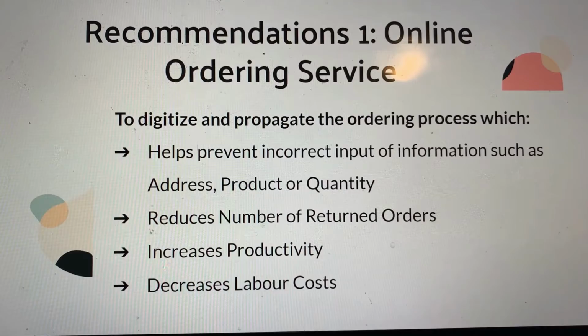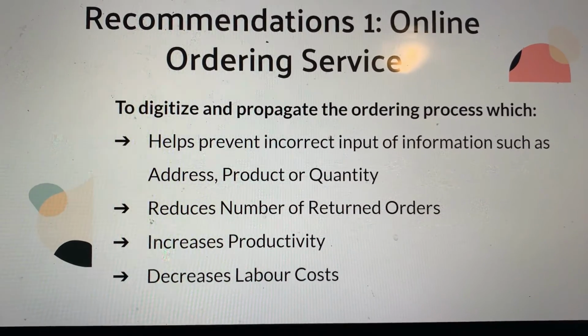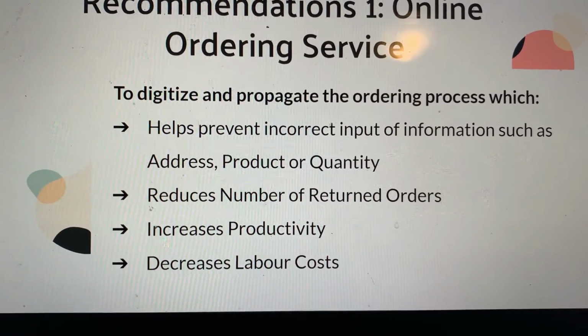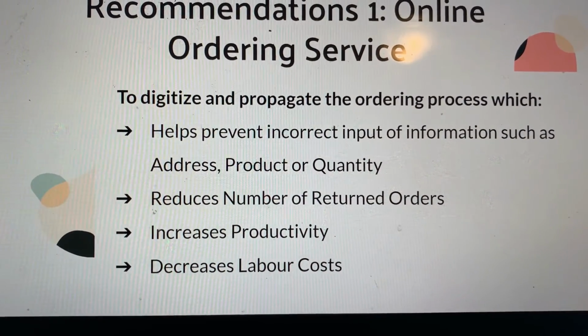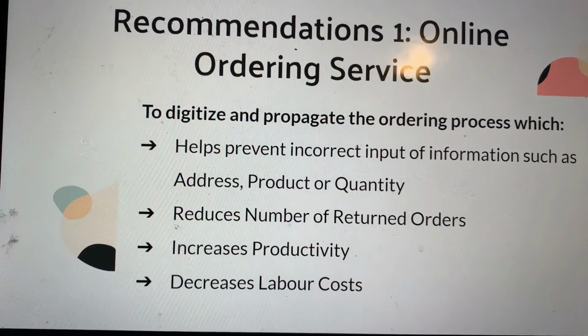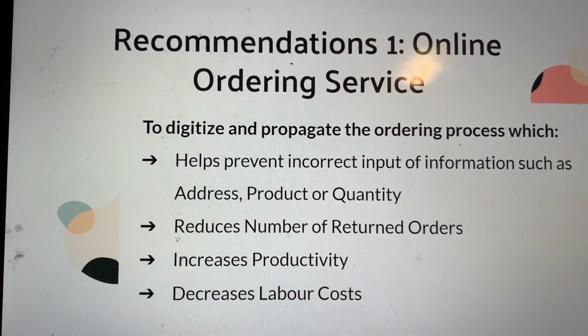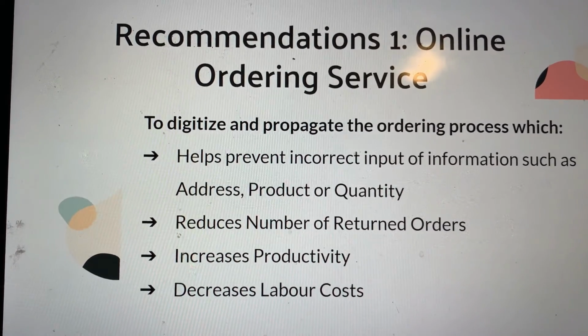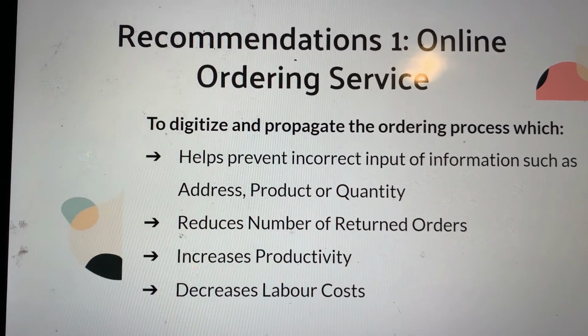Our first recommendation is to change the ordering system to an online ordering system, which entails digitizing and automating the ordering process. This is highly crucial because it helps prevent incorrect input information, such as address, product, or quantity, that can happen with the order entry clerk because of human error.